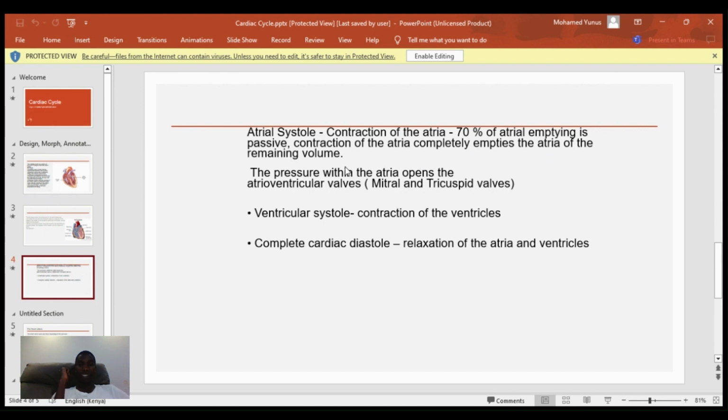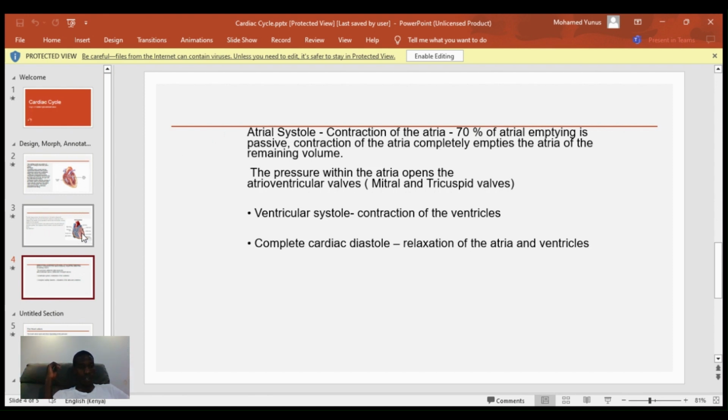So 70% of the blood in the atria empties by itself passively, without any increase in pressure. Then the remaining blood that has not passed through the valves into the ventricles needs the contraction, which increases the pressure within the atria.